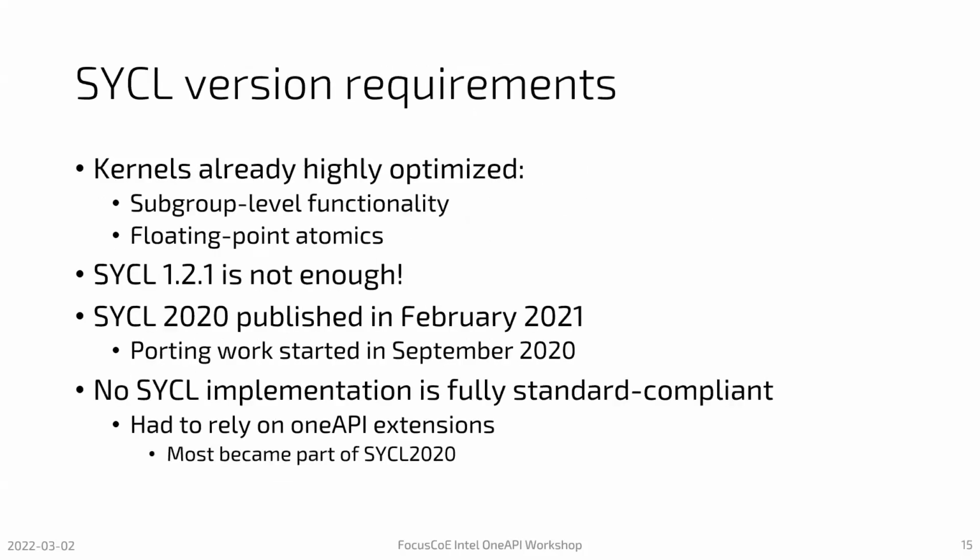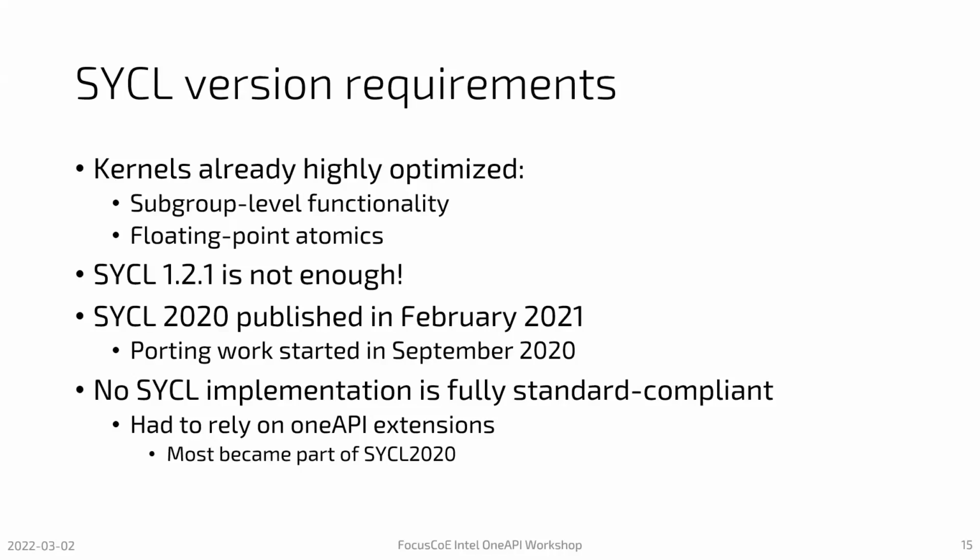Besides, before we started porting, we had to consider what SYCL standard to use. Now, at the moment, September 2020, we only had SYCL 1.2.1 standardized. SYCL 2020 was just a draft. But unless we wanted to get rid of all the optimizations we had in our OpenCL kernels, like shuffles, atomics, etc., we couldn't just settle with using SYCL 1.2.1.